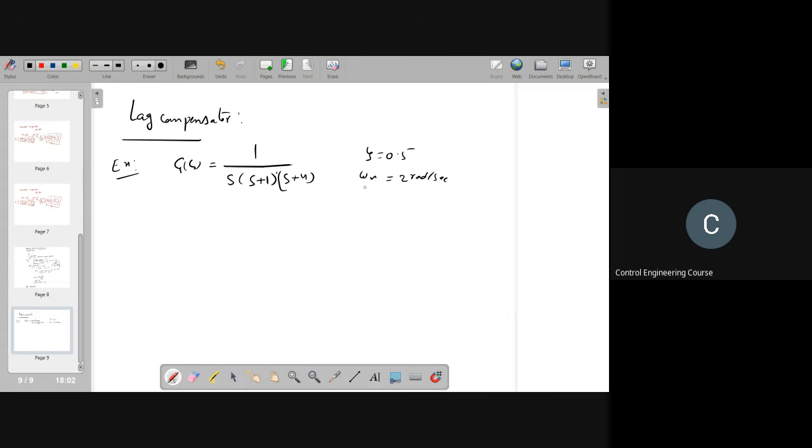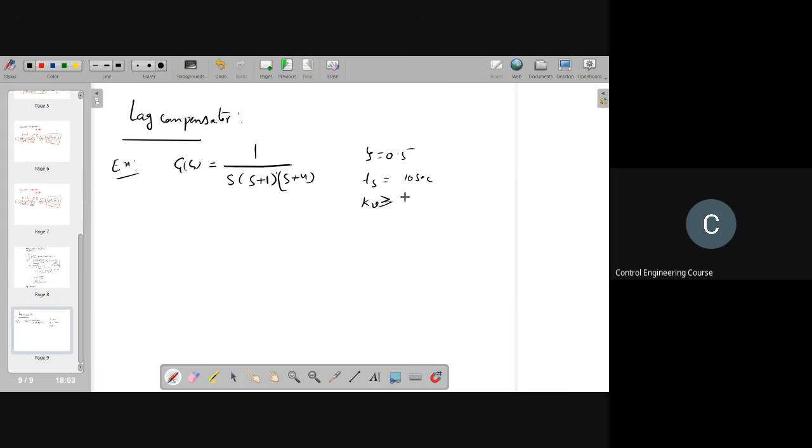Now here in this case, let's assume your settling time is 10 seconds and the velocity error constant Kv, because this is a type 1 system, so the specifications are given with respect to velocity input, that is Kv.